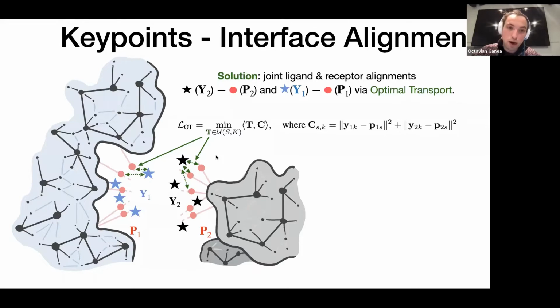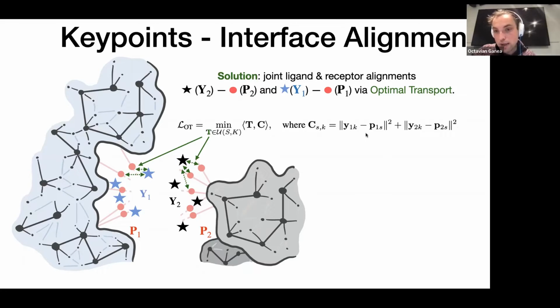So it's a matrix with non-negative entries that is going to have identical marginals for rows and identical marginals for columns. The way we do it is that we have this cost matrix. This cost matrix measures the so-called distance between every key point pair and every binding interface point pair.